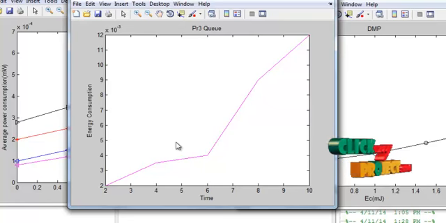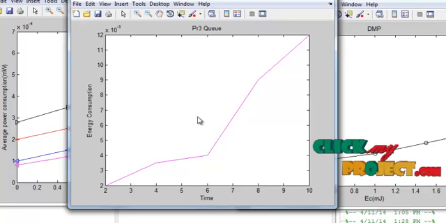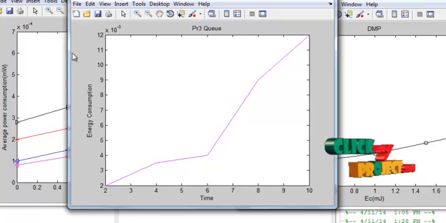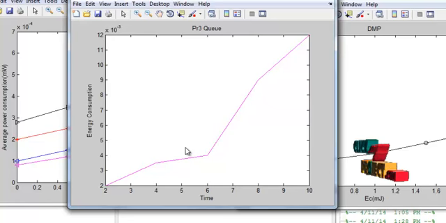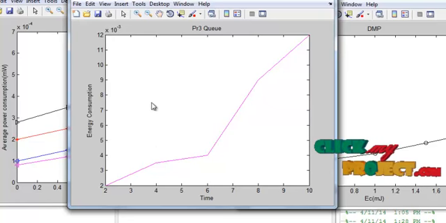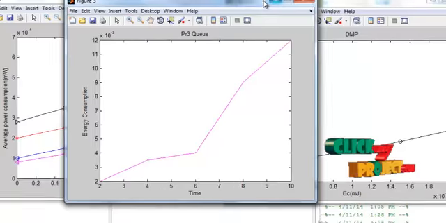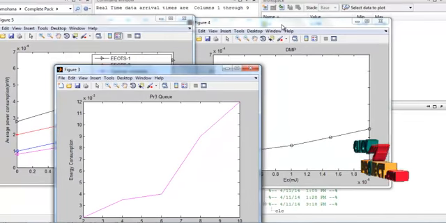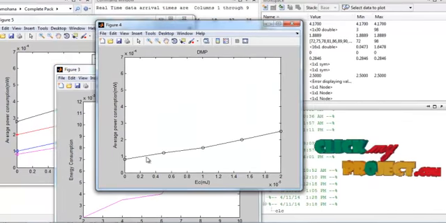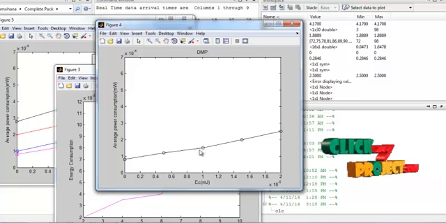We have divided the ready queue into 3 queues, so we only have PR1, PR2, PR3. Figures 1, 2 and 3 show the corresponding energy consumption of the queues, and figure 4 shows the overall dynamic multi-level priority queue energy consumption.